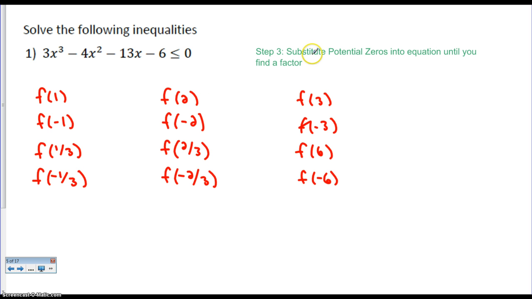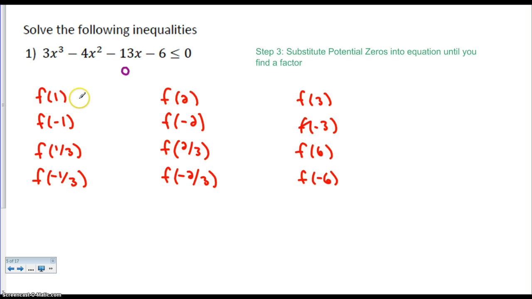So step 3 is to substitute potential zeros into the equation until you find a factor. And remember, based on the factor theorem, it's a factor if it makes it 0. We want this side to become 0 because that means it's a factor.